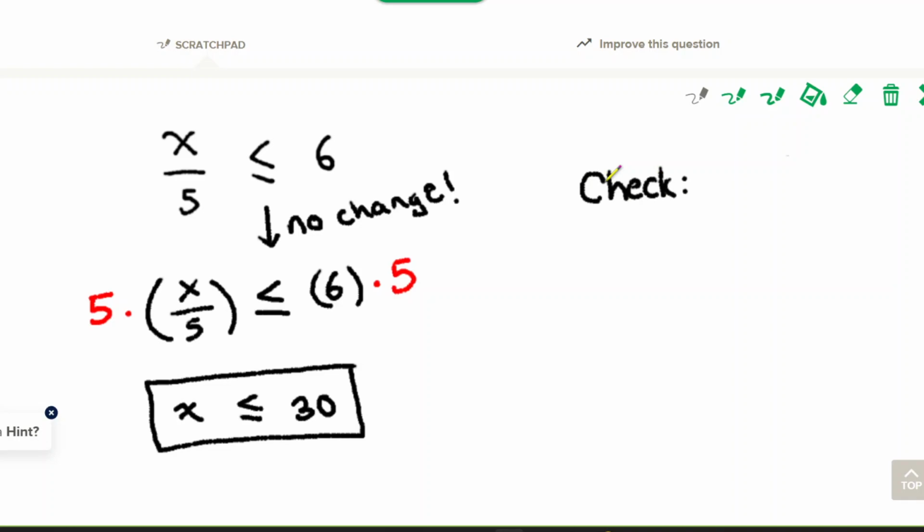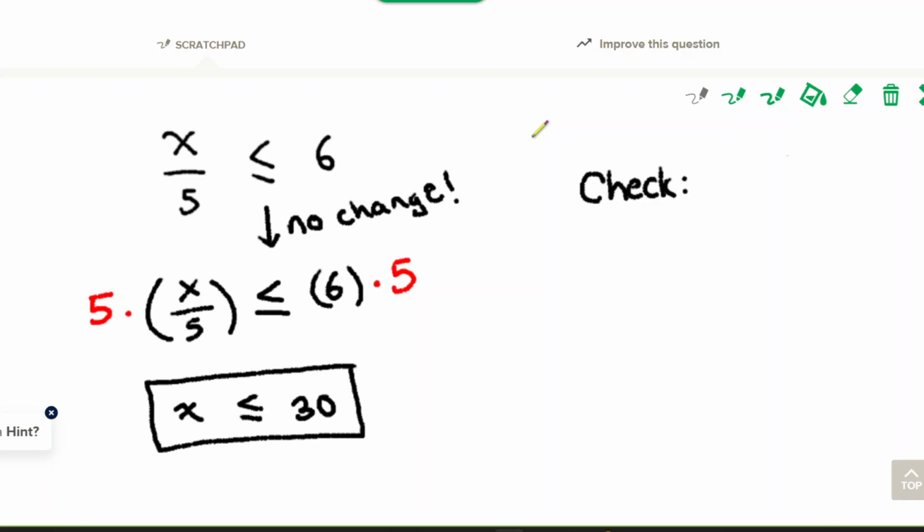I'll just pick a few values. There are technically infinitely many numbers being described here, all the numbers less than 30 or equal to 30. So there's no way I'm going to be able to check all of them. I'll just show you a couple.